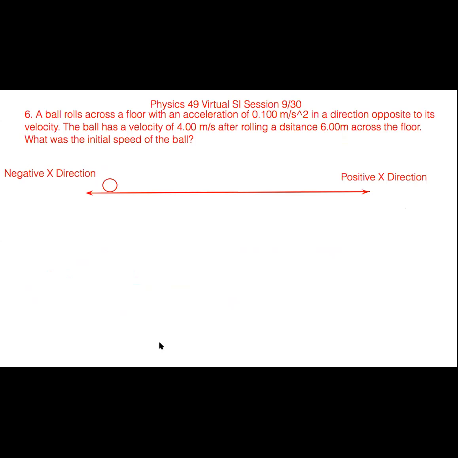So now that we have our picture, we need to start labeling our initial points, which is still part of the coordinate system. So let's have the ball start here.